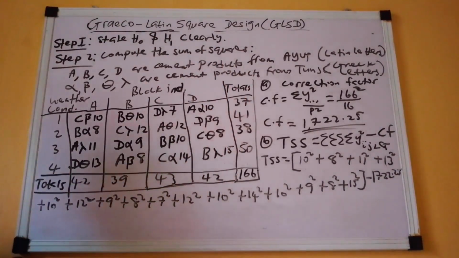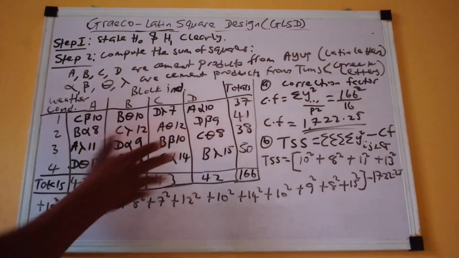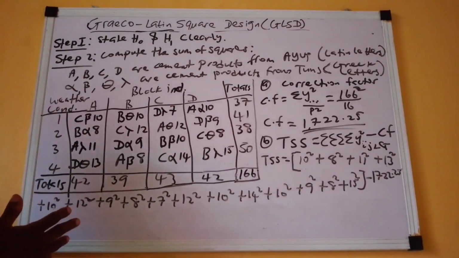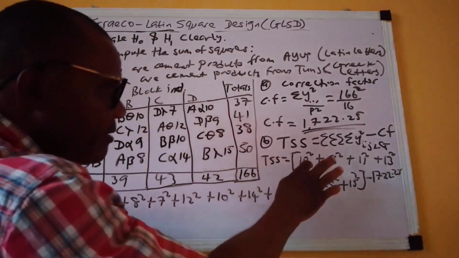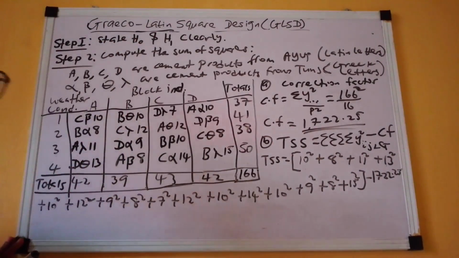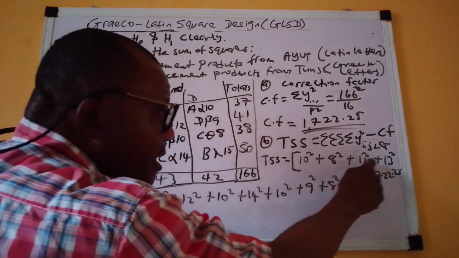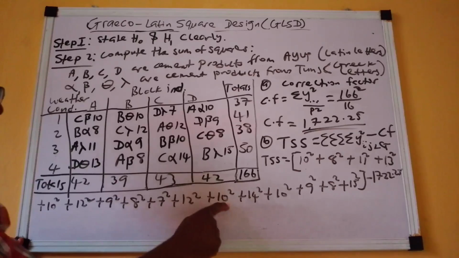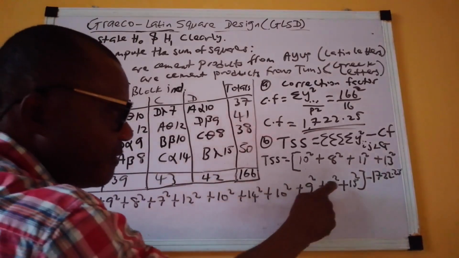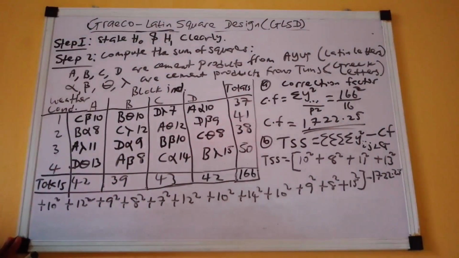So now let's count the observations. They are 16 because it's a 4x4 Graeco Latin square design. Let's count it here to ensure that none is omitted: 1, 2, 3, 4, 5, 6, 7, 8, 9, 10, 11, 12, 13, 14, 15, 16. So it's correct.